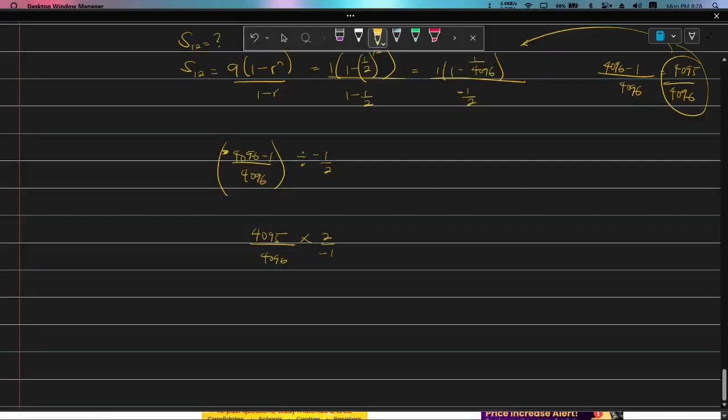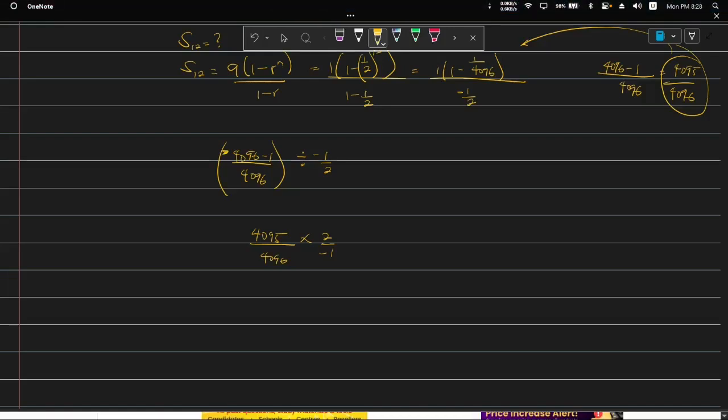Sorry, please forgive my system. So look at it. 2 can go into 4096: 4096 divided by 2, 2 into 4096 is 2048. I'm going to be having 4095 over 2048.